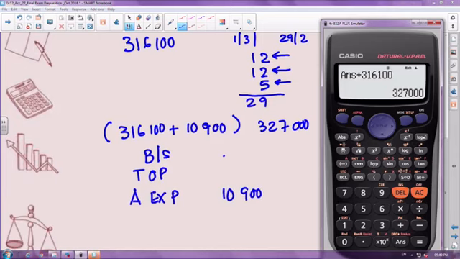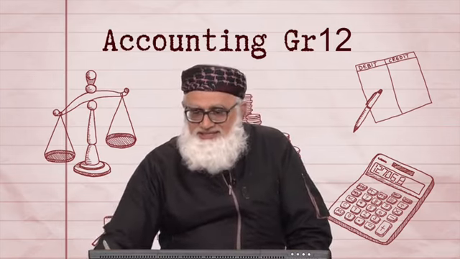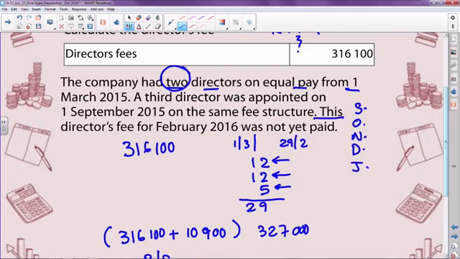Clear, grade 12s? Again, I'm stressing the importance of reading the information correctly. Once again, it said this director's fee, the new guy, was not paid for February. Therefore, we have the 5 indicating the 5 months since the appointment. Okay, brilliant. Let's move on.